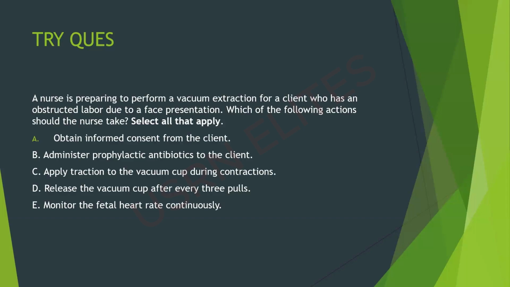Please, I want to get this right. It means that if you are doing vacuum extraction during labor, when you apply the vacuum to the scalp of the baby, you do not release the cup until the process of delivering the fetus is done, right?